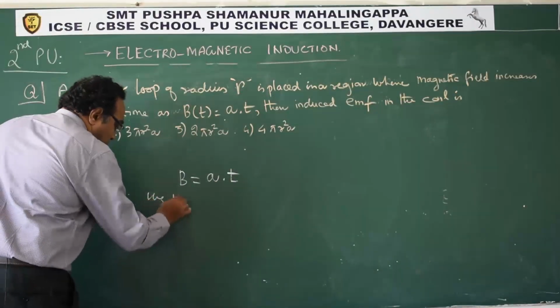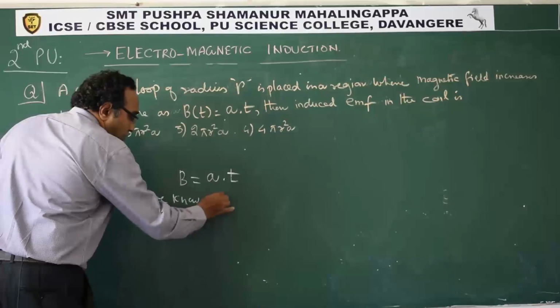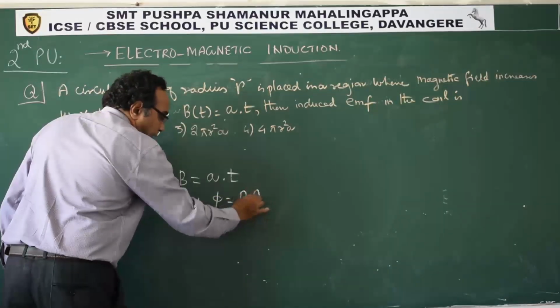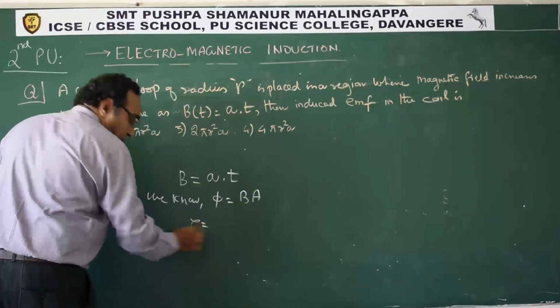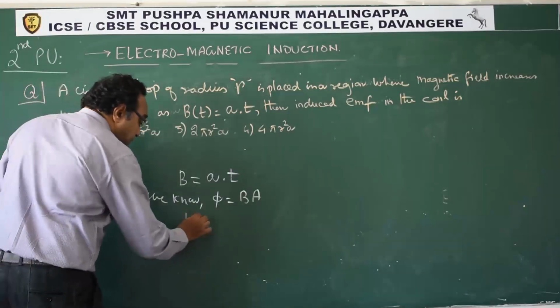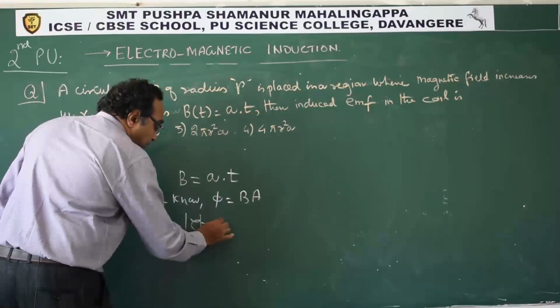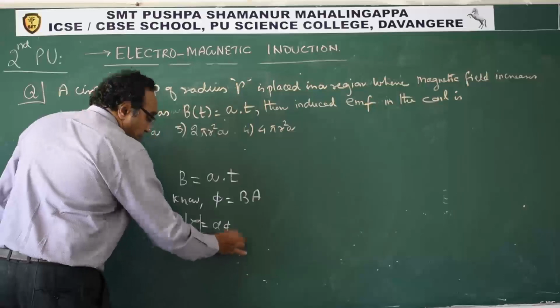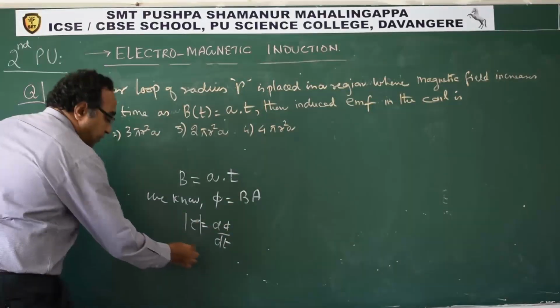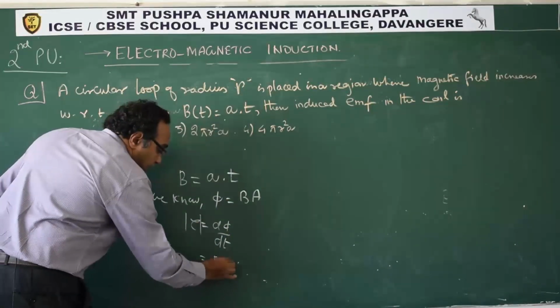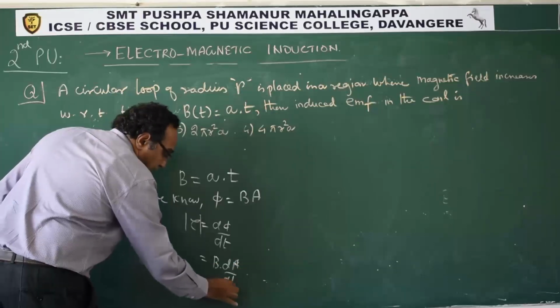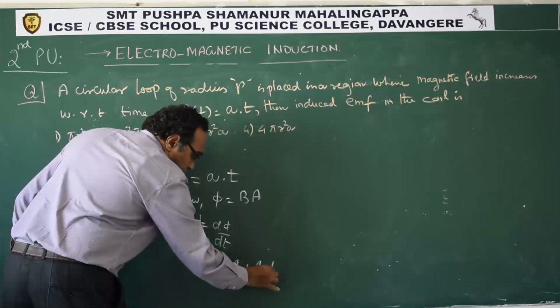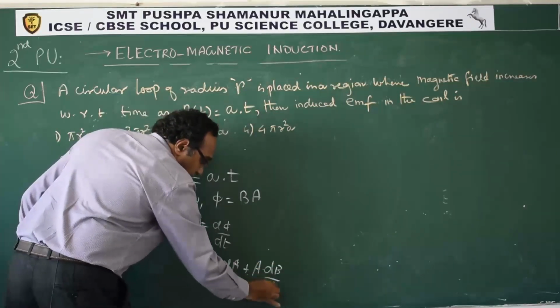Now what we know is, how do you find the induced EMF? Phi is B into A, right? So the induced EMF E, I am talking of magnitude, will be d phi by dt. So phi is B into A. So what we can write is B into dA by dt plus A into dB by dt. How did we get this?